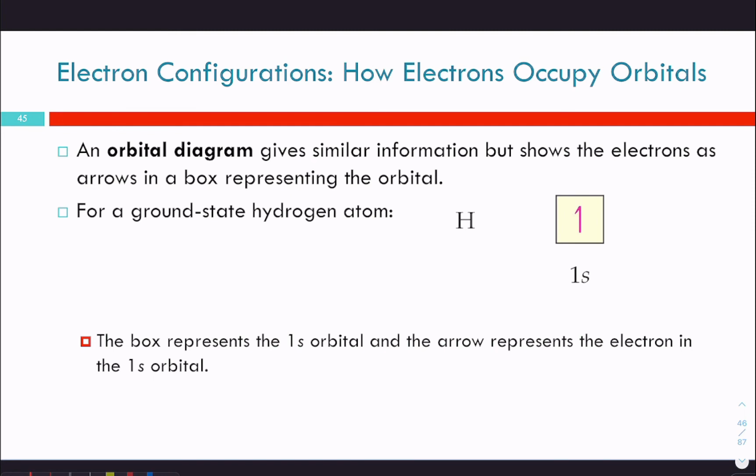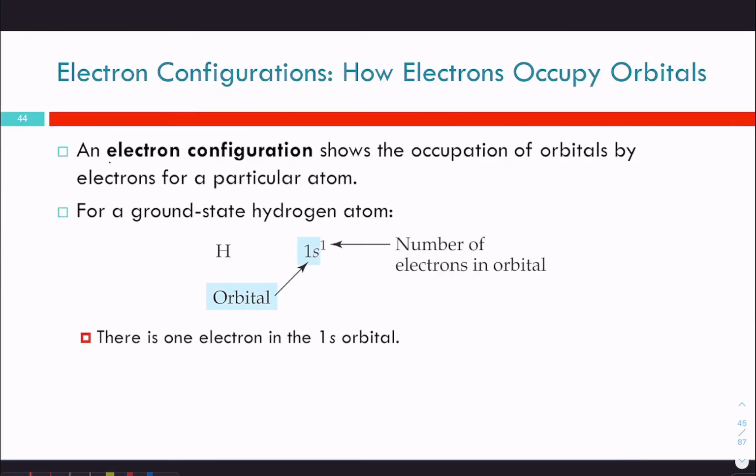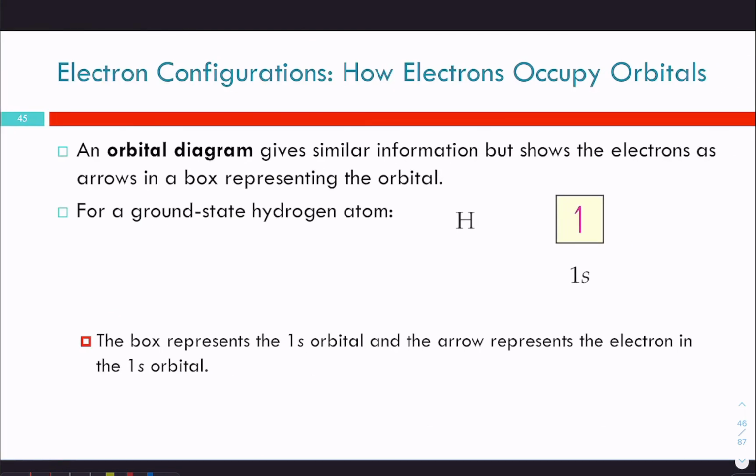If that's our electron configuration, then the orbital diagram gives us similar information, but shows the electrons as arrows in a box representing the orbital. So here we have, again, 1s, the same orbital, but this arrow is our 1 electron.